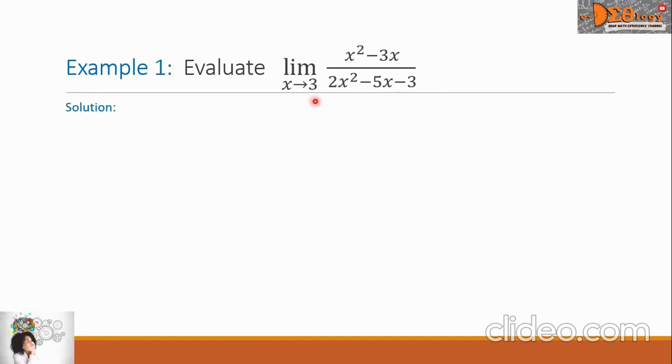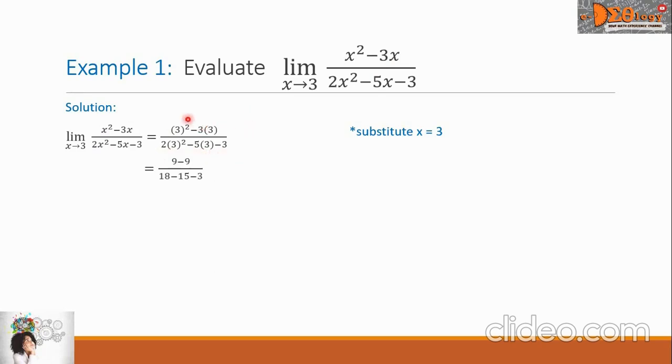For our solution, let us copy this limit problem down here. We know that to evaluate this limit, we're going to substitute the value 3 for all the x of this function. If we do that, we will have 3 squared minus 3 times 3 all over 2 times 3 squared minus 5 times 3 minus 3.